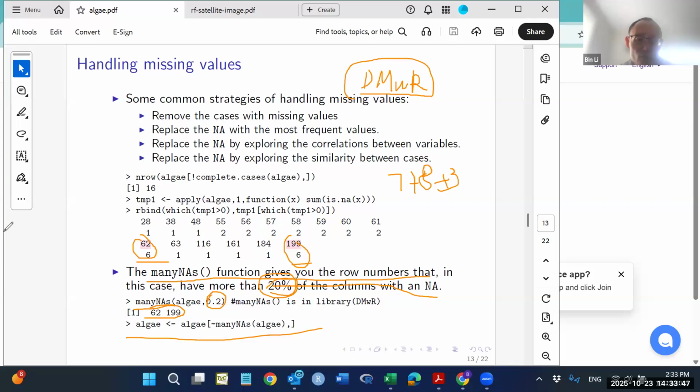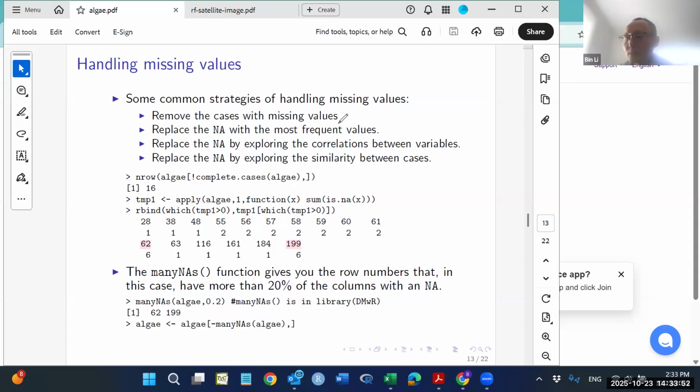So this is a very useful function to remove these cases with missing values. I still use that approach because it works very well for those observations that have too many missing values, right?